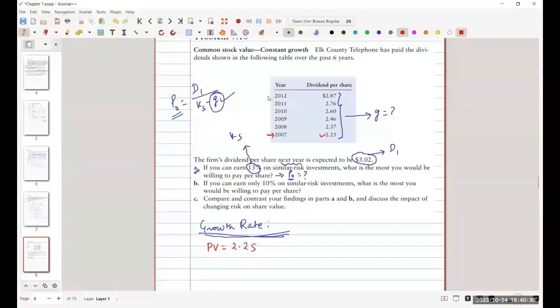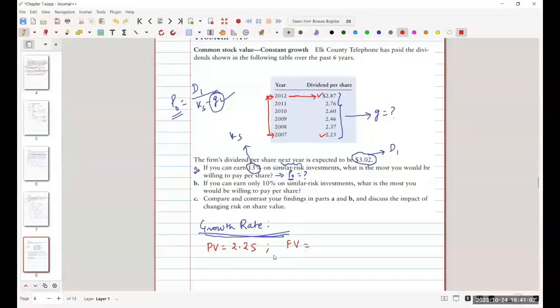And the most recent value in the timeline, that is 2012, which is 2.87, you will take as the future value, because if this is present and you're looking ahead into the future, at the end of the time you see this year happening, and corresponding to this year we have this value. So that's our future value, 2.87.